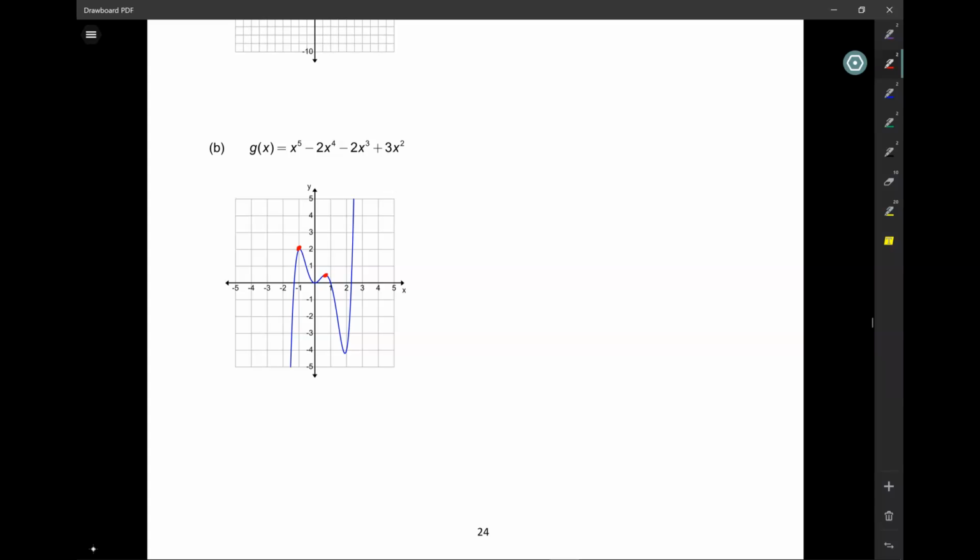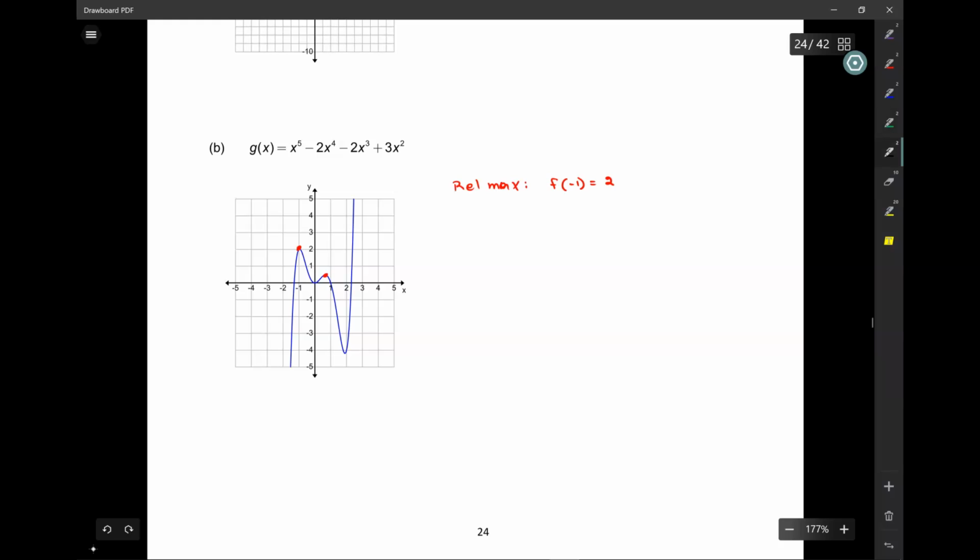Is there an absolute max here? No. So relative max, f of -1 equals 2. The other one, we're going to do with our calculators. I'm going to come back to it.